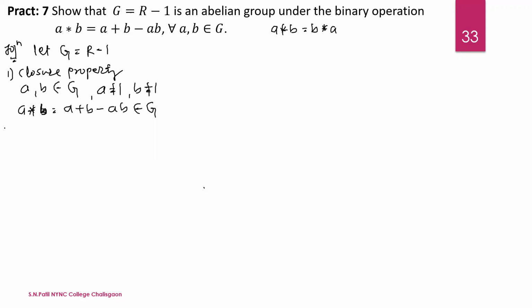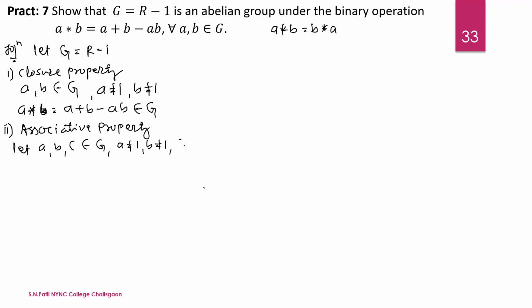Now the second is the associativity property. Let a, b, c belong to G. It means a is not equal to 1, b is not equal to 1, and c is not equal to 1.